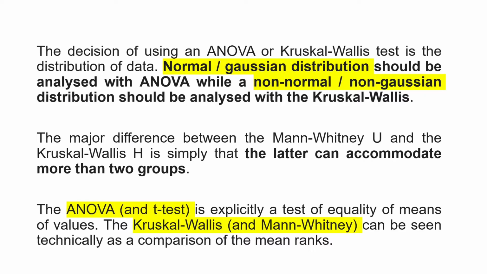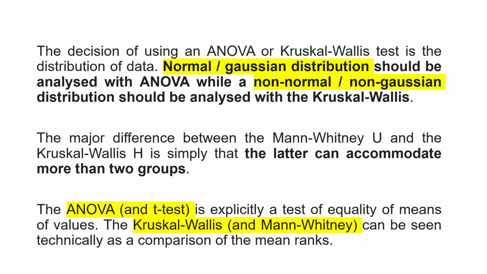When it is not normal or non-Gaussian, then we're going to use Kruskal-Wallis to do the analysis. The major difference between the Mann-Whitney U and the Kruskal-Wallis H is simply that the latter, the Kruskal-Wallis, can accommodate more than two groups, while the former cannot.